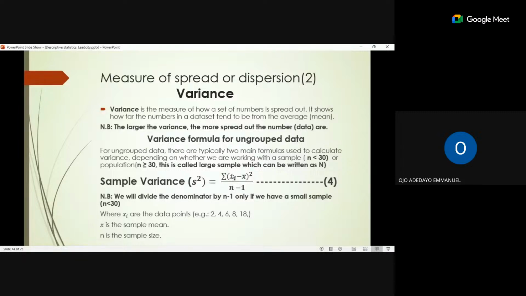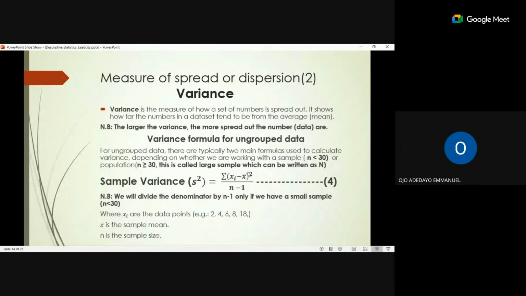Anytime you hear the term sample variance, that means your sample size is less than 30. But anytime you hear population variance, that means your sample size is greater than or equal to 30.